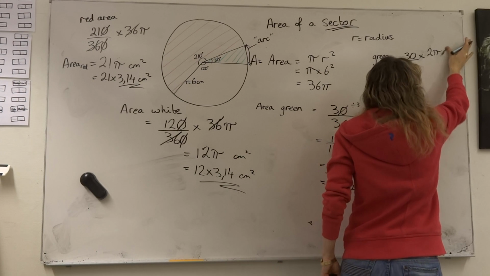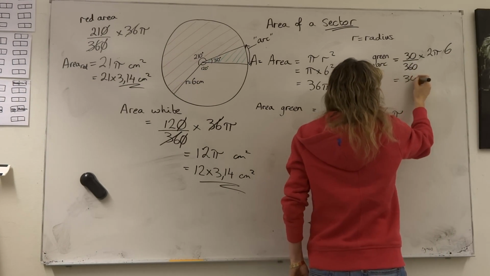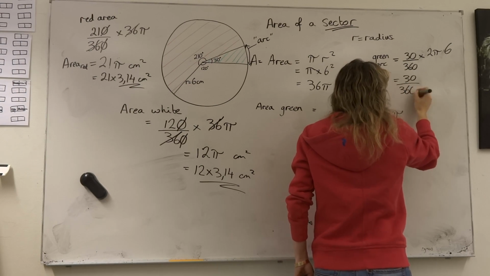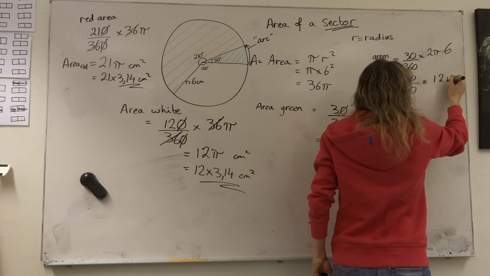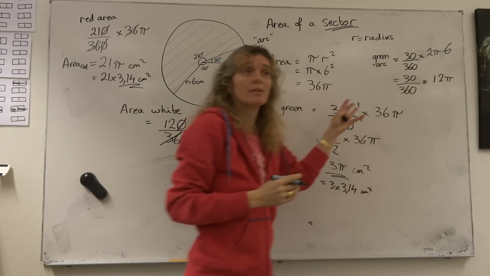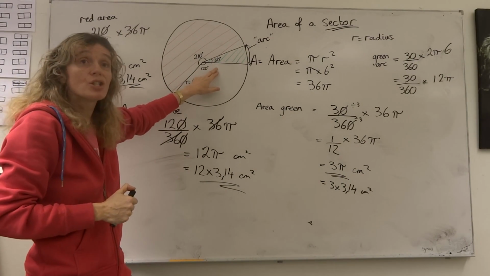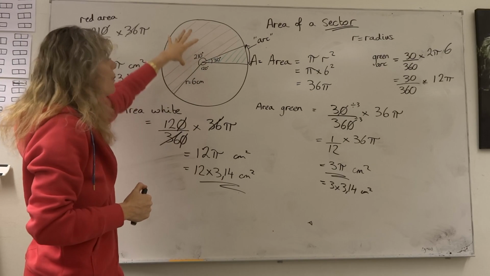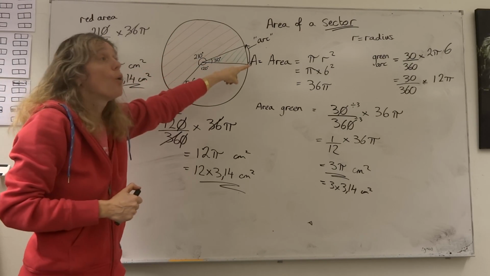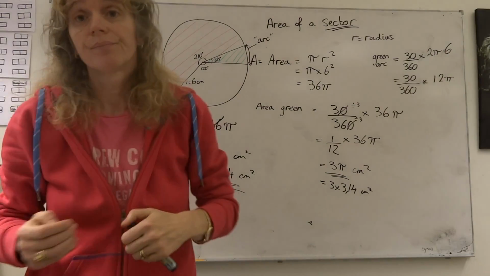And we know that the radius is 6. So we would have 30 divided by 360 times 12 pi. And then you can simplify it. So using this principle of what fraction are you trying to find of the whole circle, you can work out the area of a sector or the circumference of an arc quite easily. Brilliant.